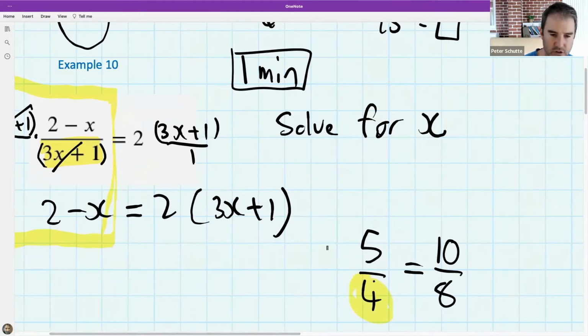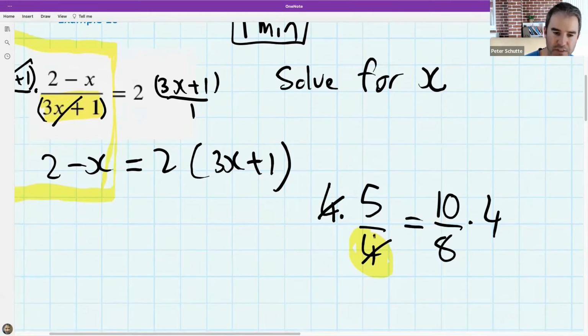So if I multiply this by 4 on this side, it's no longer going to be equal to each other. I have to multiply this side by 4. Now, would you agree with me that 4 divided by 4 is 1? Yes, sir.